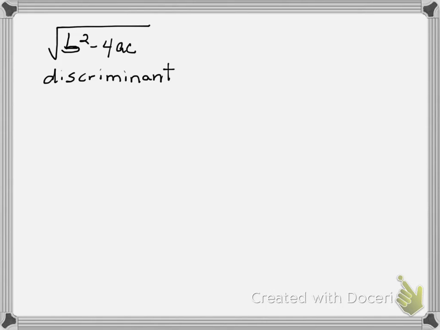Sometimes questions on standardized tests will refer to the discriminant and ask you about what that tells you. So this is what I want you to know about the discriminant.